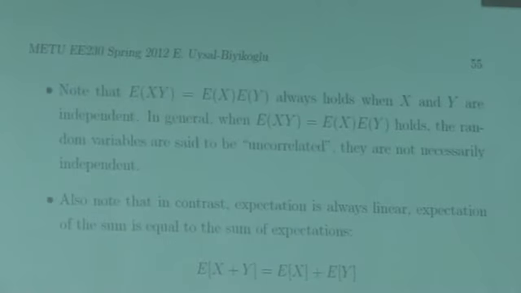So uncorrelatedness is implied by independence. Uncorrelatedness is necessary for independence, however, it is not sufficient. So let's do another example to show this fact.